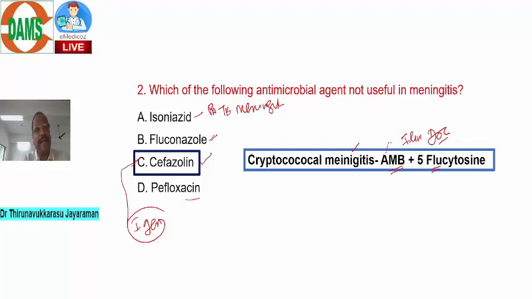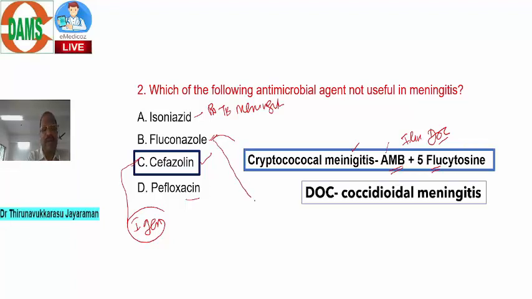Following this, maintenance therapy is with fluconazole. So fluconazole is used as maintenance therapy in case of cryptococcal meningitis. Of course, one extra point: fluconazole is the primary first line drug of choice for treatment of coccidioidal meningitis. So two points we should know.